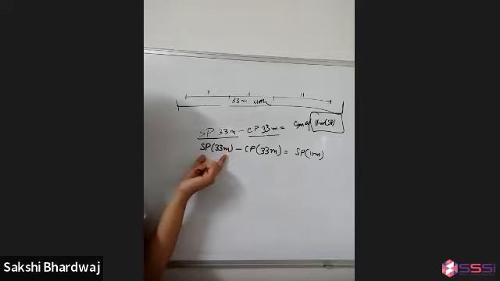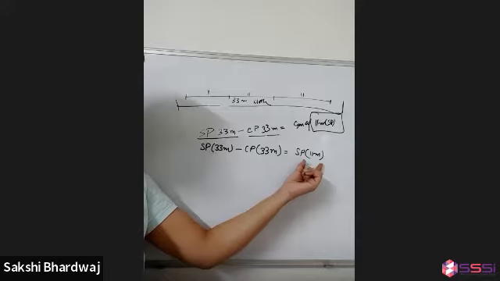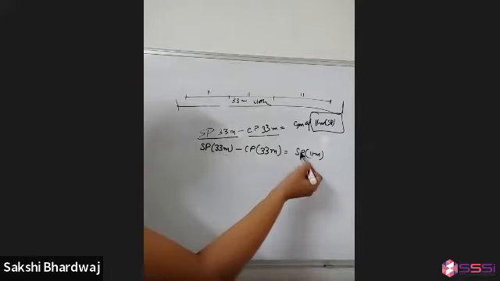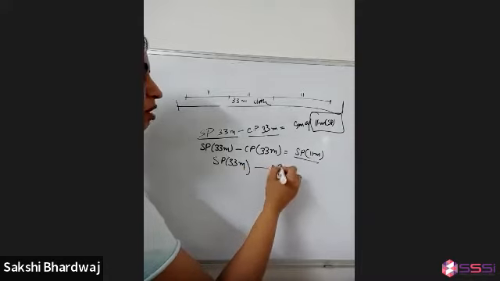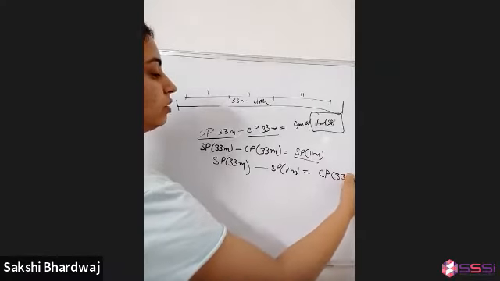Selling price of 33 meter minus cost price of 33 meter, this is clear. तभी तो profit और loss होता है ना, but the profit they haven't given in rupees. In the goods, है ना? It is in the goods. Selling price of 11 meter. Now SP of 33 meter, this side minus SP of 11 meter, this will come to that side. It will be positive cost price of 33 meter.